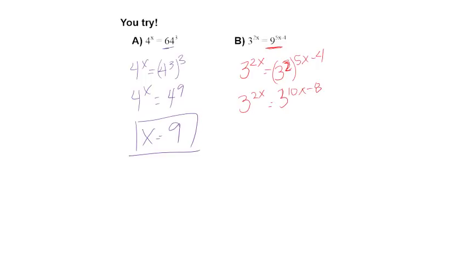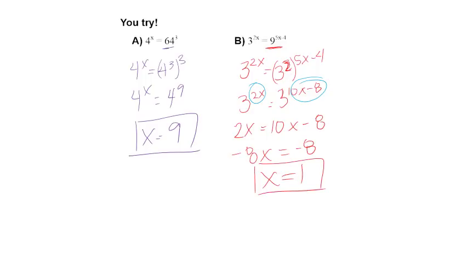Power to power, we multiply. So setting my two powers equal to each other, 2x is equal to 10x minus 8. If I subtract 10x, I have negative 8x is equal to negative 8, or x would be equal to 1.